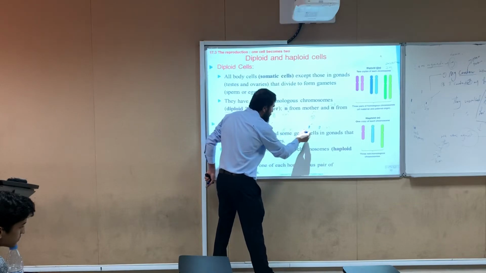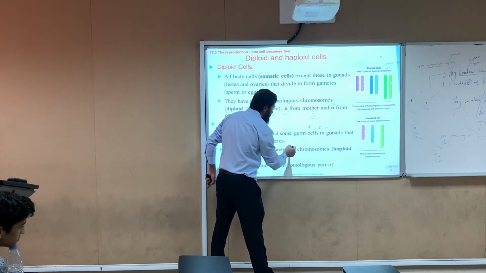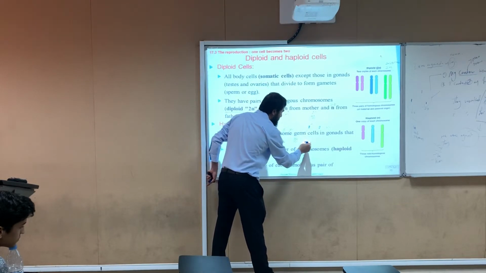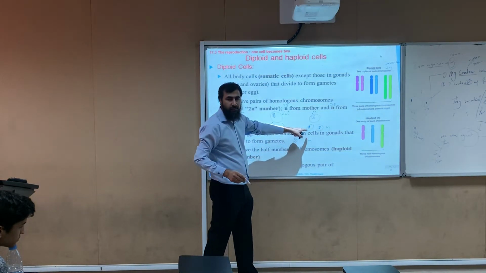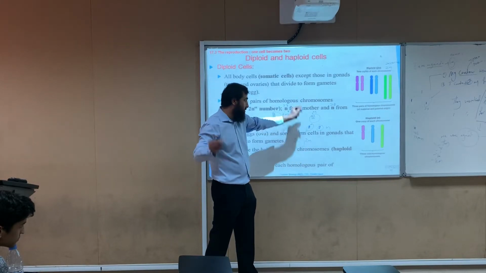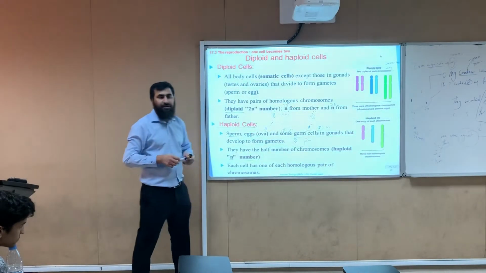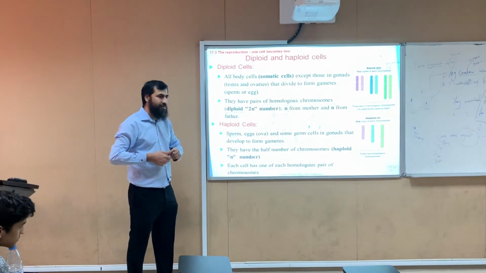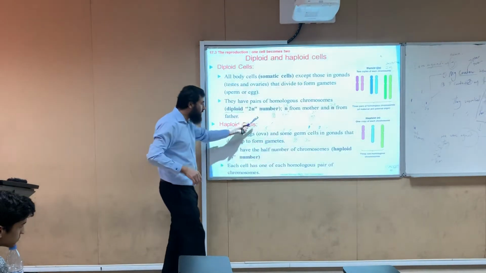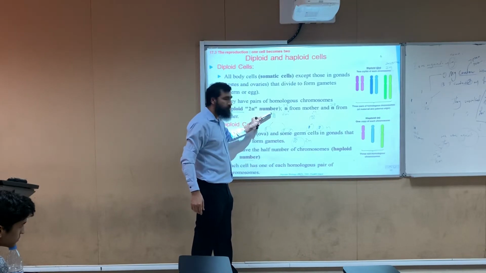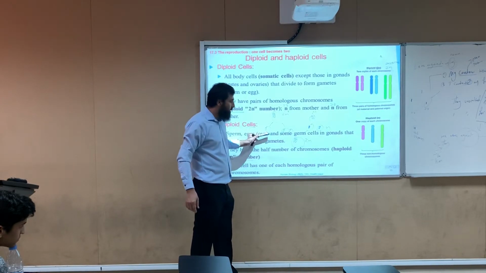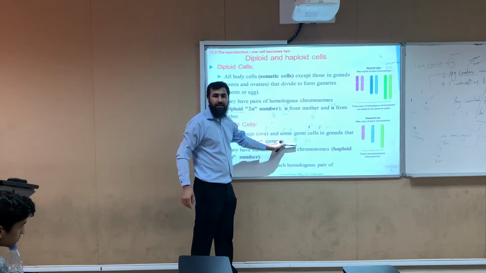When these two join together to form the zygote, it becomes 2N. If we didn't do that, it would be a disaster for reproduction. You'd have 4N, so many diseases, chaos. So it's very important that we halve the number of chromosomes. We start with 2N, we halve it, and then during fertilization we return back.